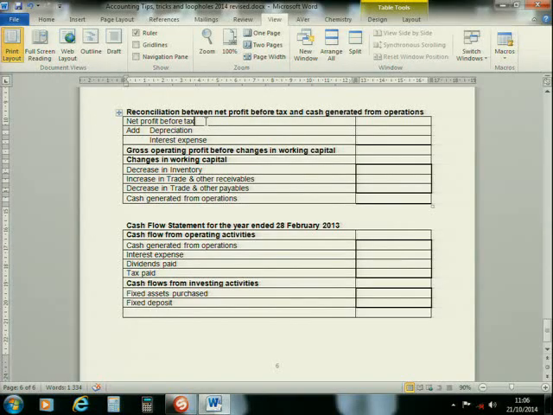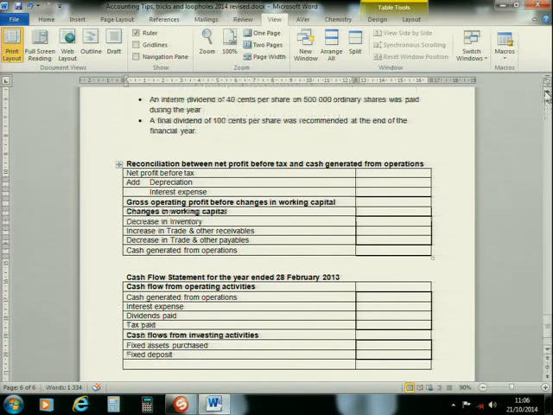Oftentimes they will not give you the net profit before tax. They may give you, like in this exercise, a net profit after tax.